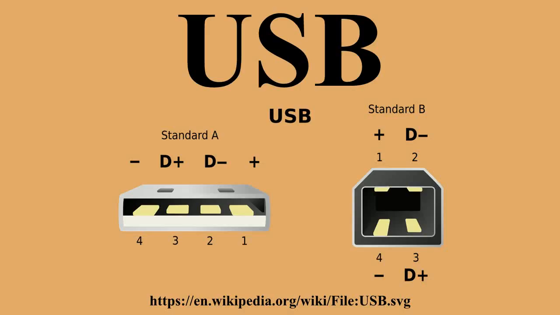If the destination endpoint is a unidirectional endpoint whose manufacturer's designated direction does not match the token packet, the token packet is ignored. Otherwise, it is accepted and the data transaction can start. A bidirectional endpoint, on the other hand, accepts both in and out packets. Endpoints are grouped into interfaces and each interface is associated with a single device function.